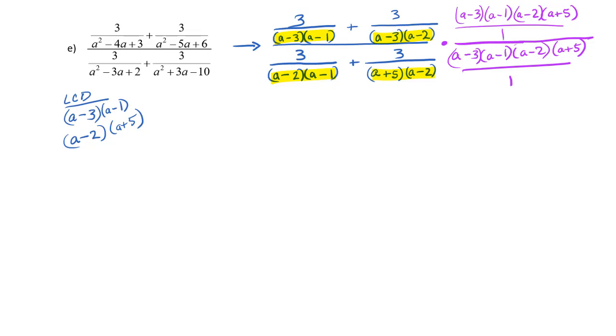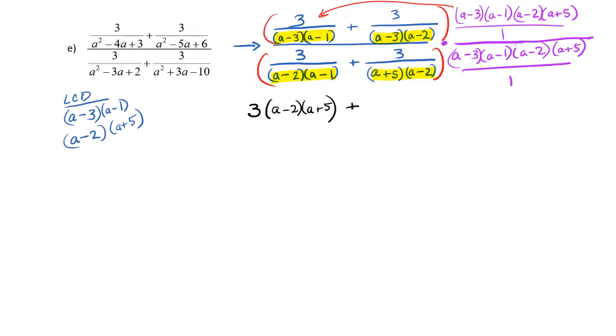So when I distribute in, I have to think about my fractions in the numerator and my fractions in the denominator. When I distribute this grouping in, the a minus 3's and the a minus 1's will reduce out. They'll divide. And so I'll be left with 3 times a minus 2 times a plus 5.